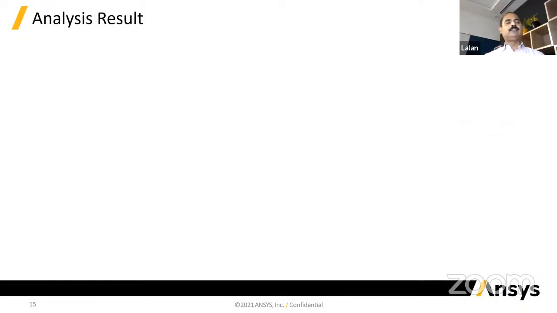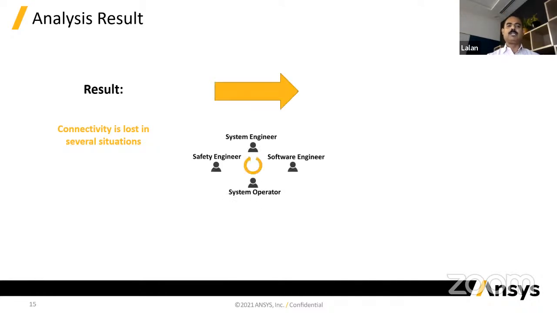So from this digital mission model analysis, we got the result that yes, connectivity is lost, and not just once, there are various scenarios where we lost the connection, the communication.